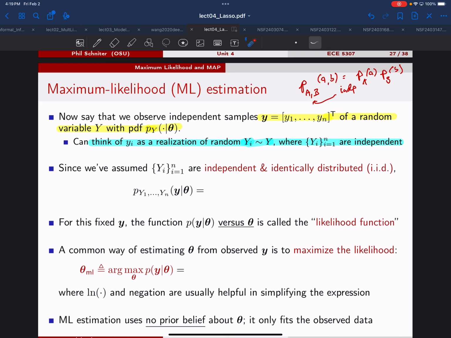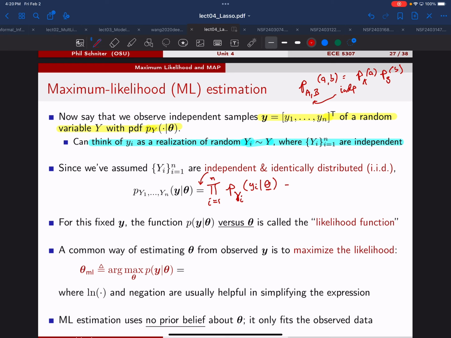So what does that mean about how I can write this joint PDF? Same idea. I can factor it as a product of individual PDFs. So I can write it like this. Product, that's what this big pi means, product over the indices i equals 1 through n, of the PDF P sub capital Yi, of the little variable little yi, given my parameters theta. Okay, so this is where the independence comes in.